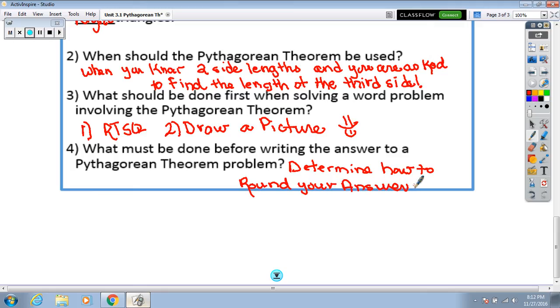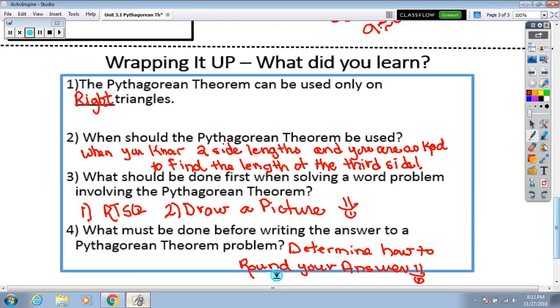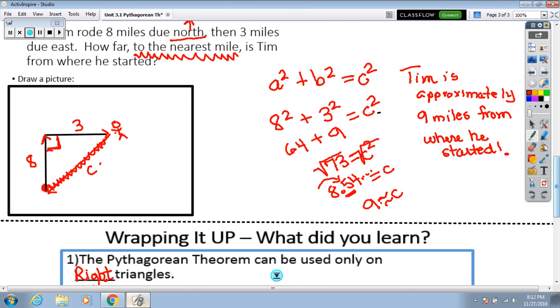Now, in our examples, we always rounded to the nearest whole number, and I know from experience, because I've already looked at your CDA, they don't always tell you to round to the nearest whole number. Sometimes they ask you to round to the 10th place, and the 10th place means that you get to keep 1 number behind the decimal.